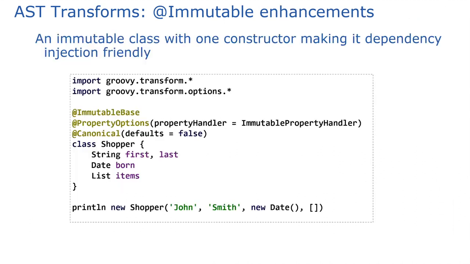And just to give you a flavor of one thing you could do, I can go and merge in canonical. I can bring in some immutable base functionality, which does some preliminary stuff if you wanted immutable objects. And then I can create property options. I can create an immutable property handler here. And this would allow me to have an immutable property with just one constructor, which some dependency injection frameworks might be expecting.